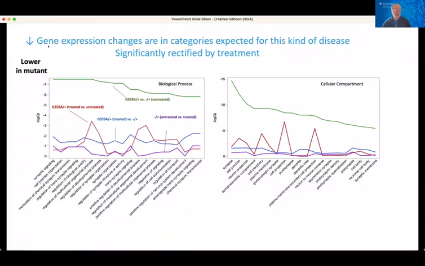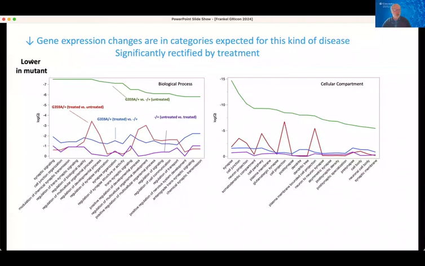And so basically, to do this, we use something called functional annotation clustering, whereby the function of proteins encoded by genes is known to be in certain pathways and functions, biological processes, and they can be clustered into these categories.